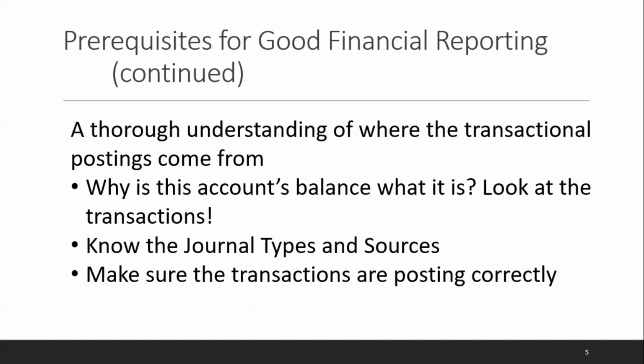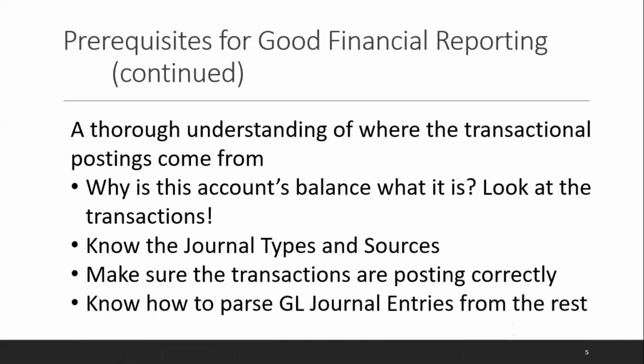Okay, if that's what you guys do and it works, great. But it's not something I've normally seen. And if you're going to ask me to help reconcile this, I can't, because I know where the posting came from. Still somewhat bizarre. Make sure your transactions are posting correctly.